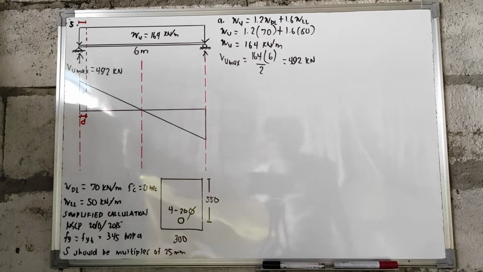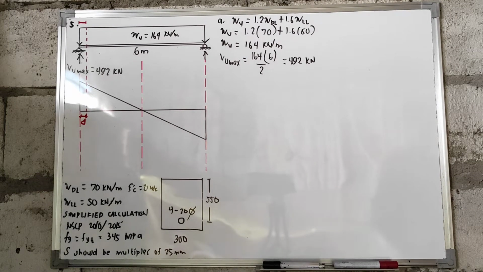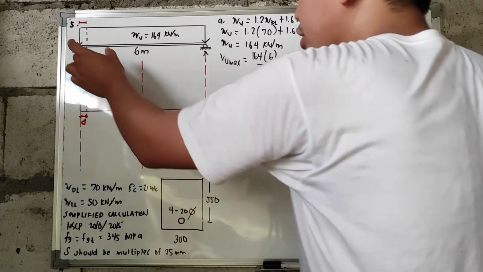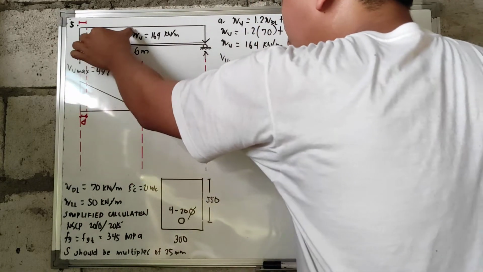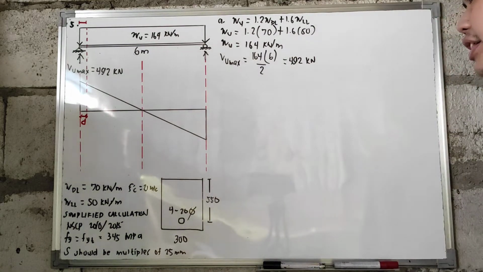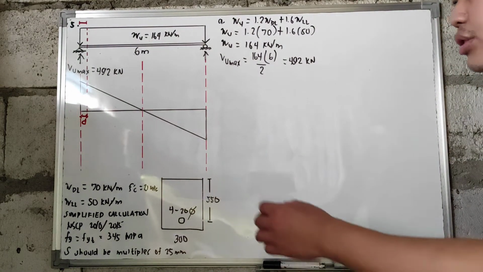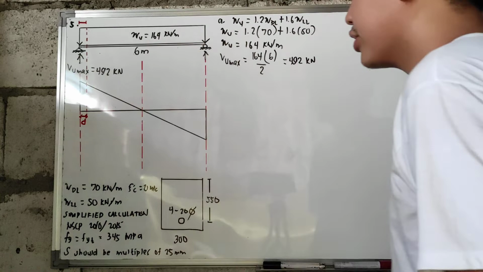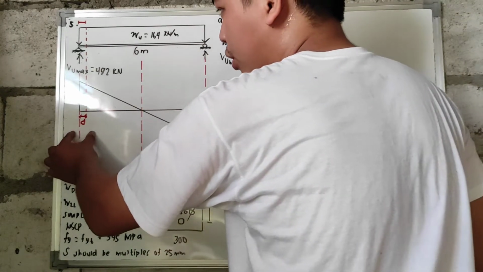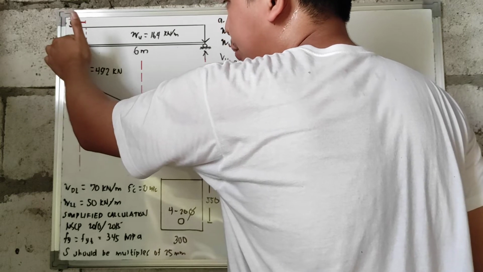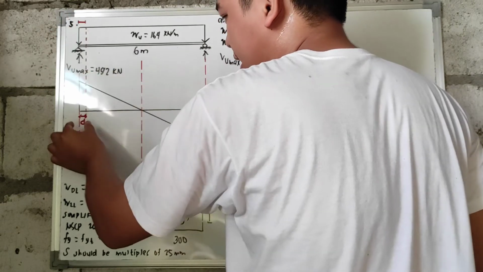Since meron na tayong value ng mga factored loads natin, mahanap na ngayon natin yung value ni Vu. Sir, paano po natin magagawa yan? So, either you are going to use this shear diagram or yung cutting section natin. Let us use this cutting section. For this one, para makuha natin yung Vu, from the face of your support, you will measure a distance d.